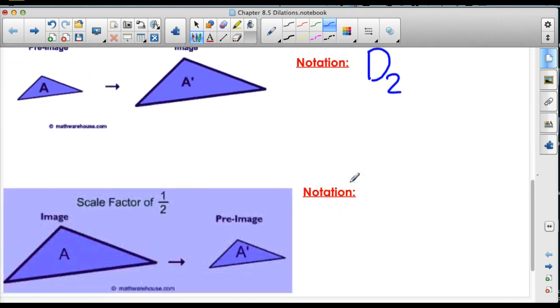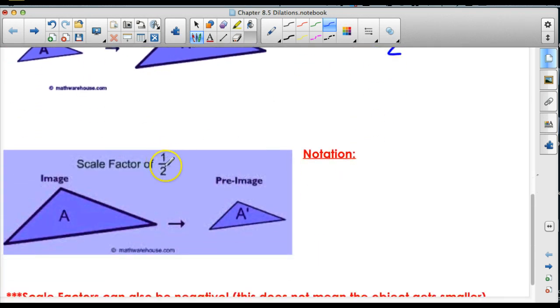Alright. And now for this one, we can have fractions, but don't freak out, because remember, it's just multiplication. That's all that scale factor means. It means that you take each one of these coordinates of your triangle and you multiply them by a half to get your new image, right? And how is this going to be notated? Well, you'll still have the uppercase D and then the fraction 1 over 2.